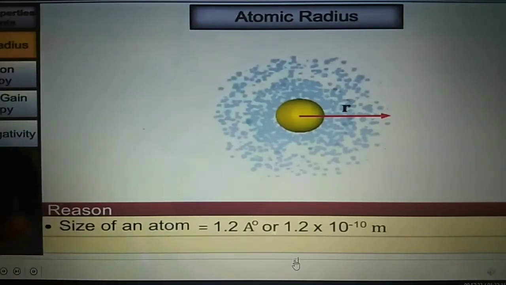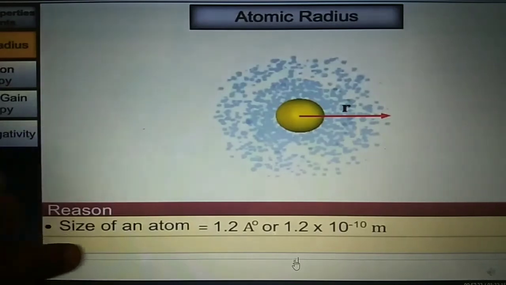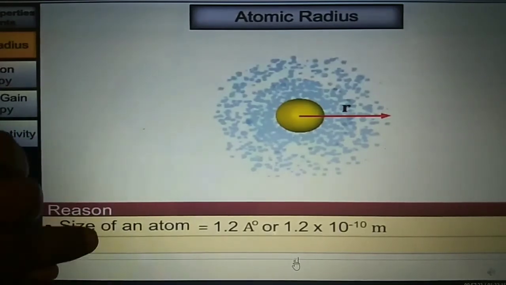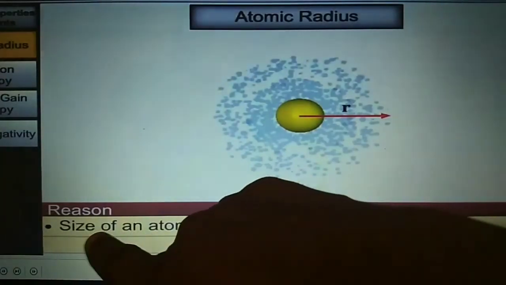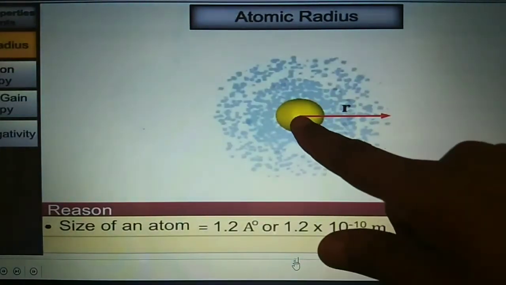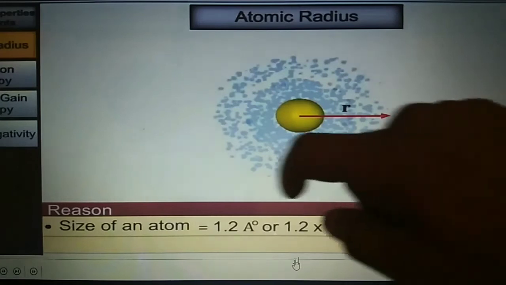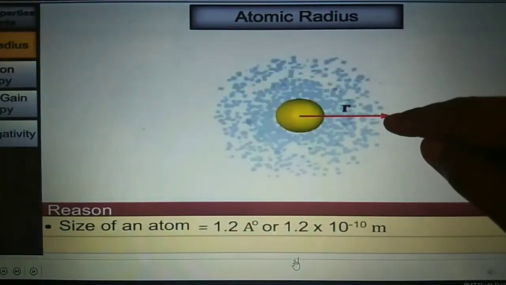However, the word size itself is not defined. What do you mean by the word size itself? The size of an atom is from the center of the nucleus to the point where the electron density is found, right? And this point is not well defined.